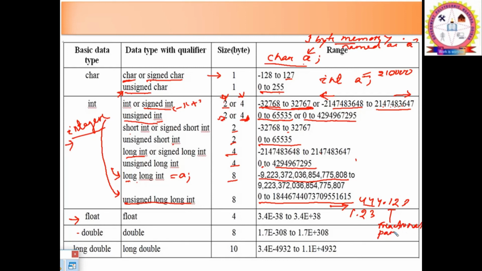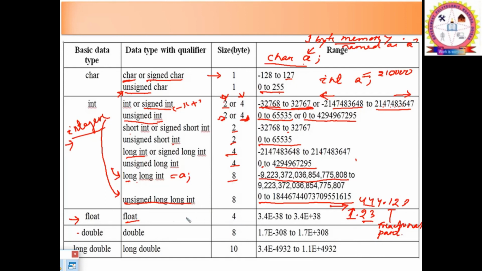If you need to store decimal values, that is an integer part and a fractional part, then you need the data type float.